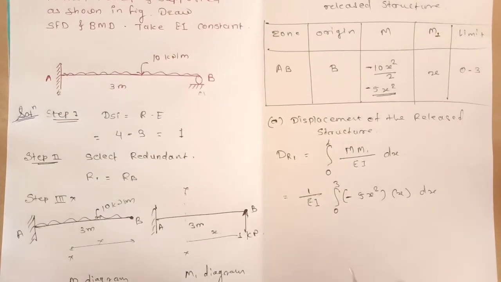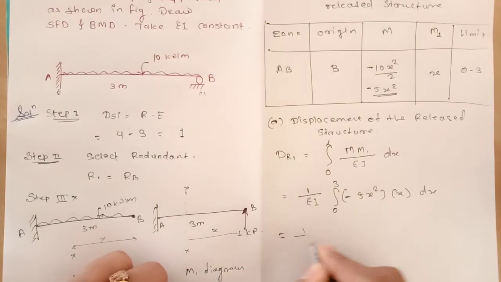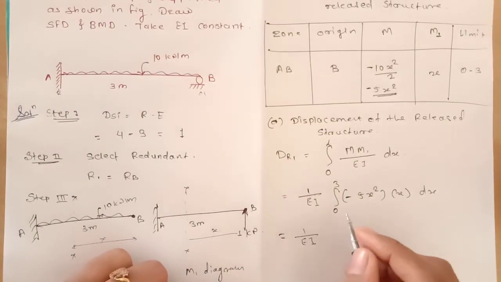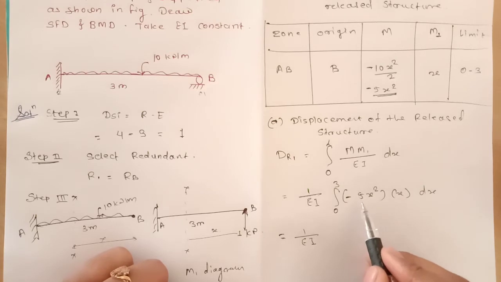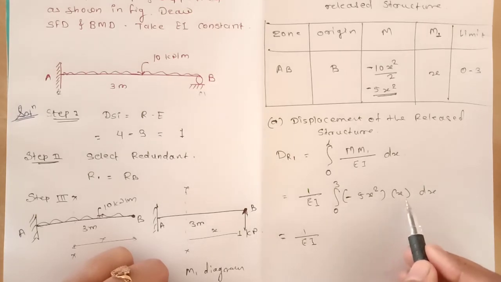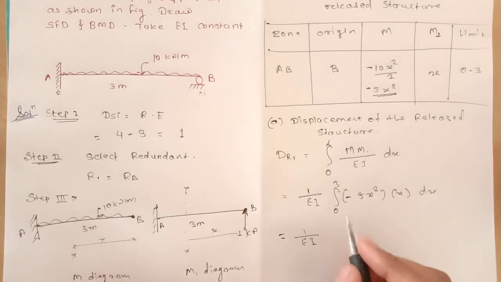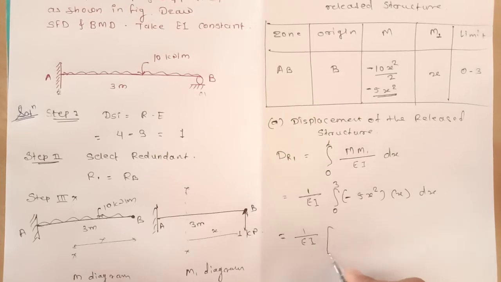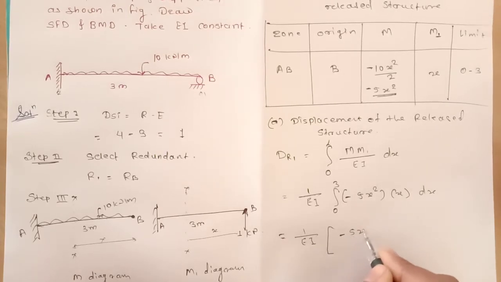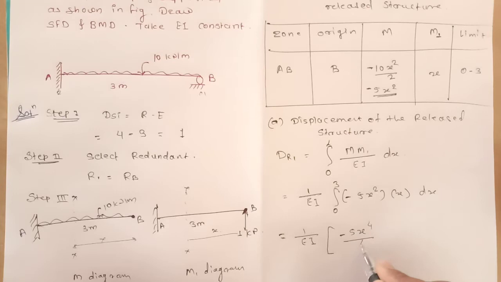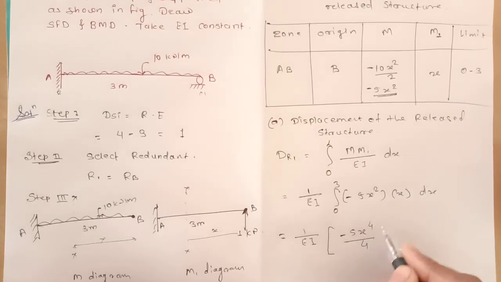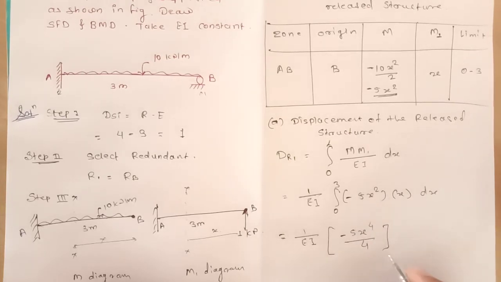Then solve this integration. Here 1 divided by EI is constant. Then 5x squared multiplied by x is 5x cubed. So the integration is minus 5 times x raised to 4 divided by 4, with limits 0 to 3.